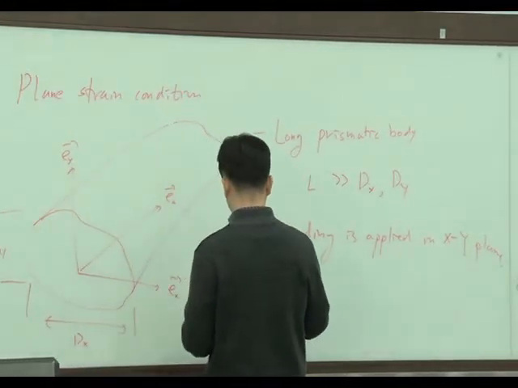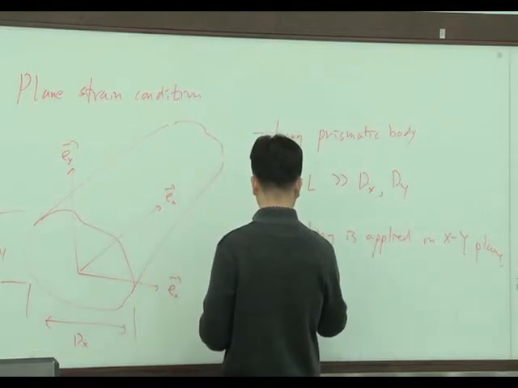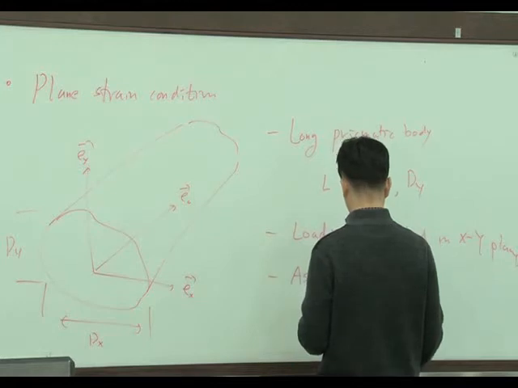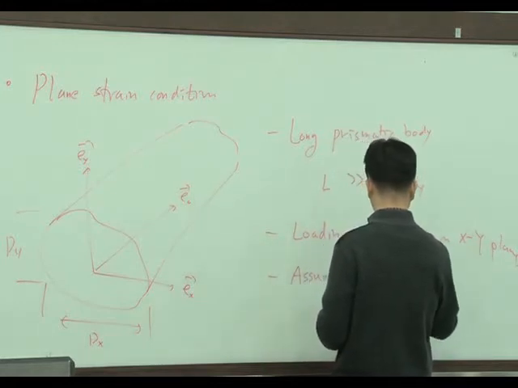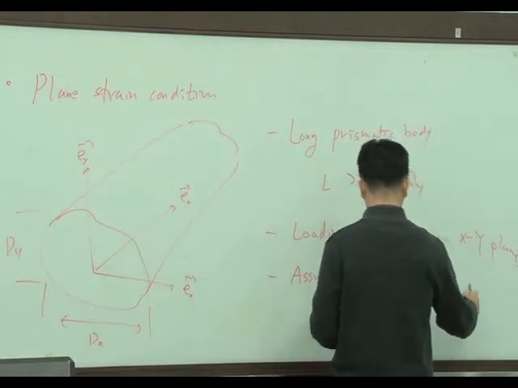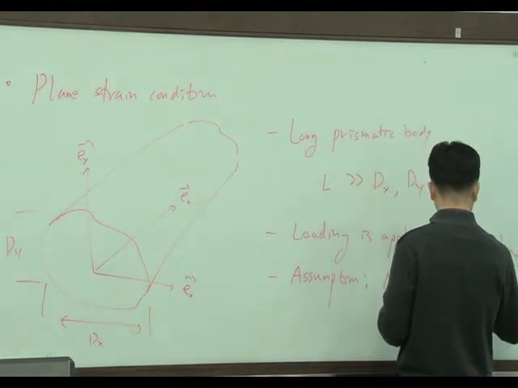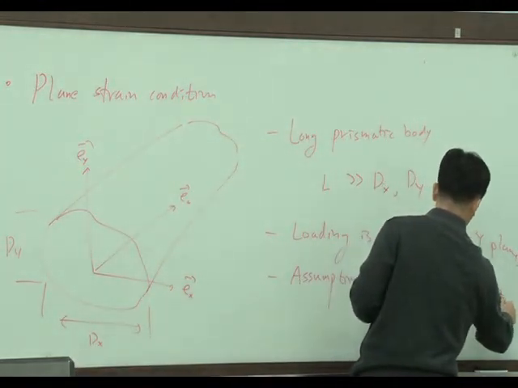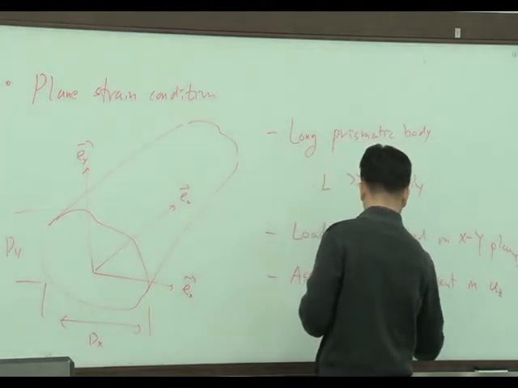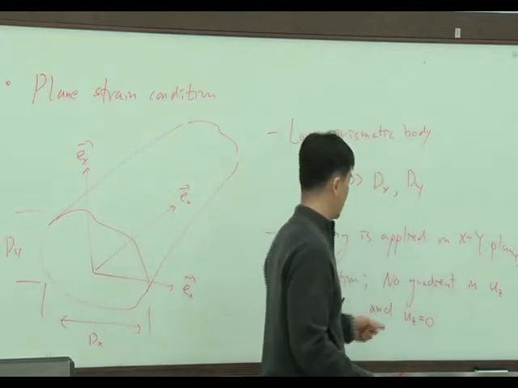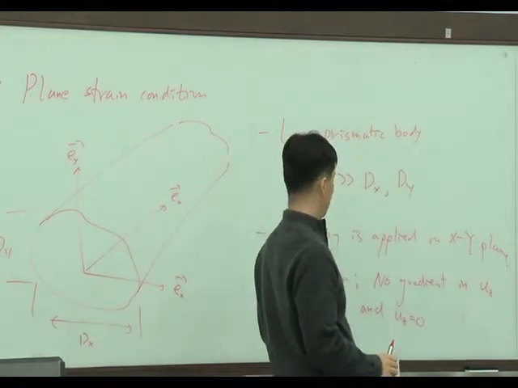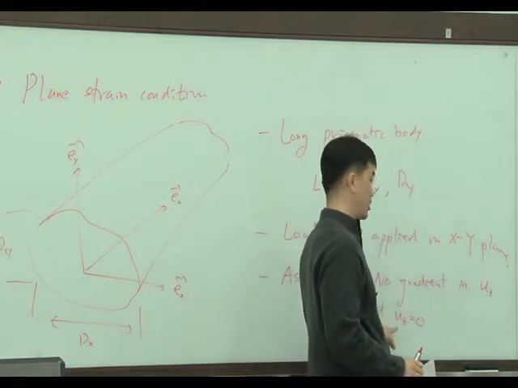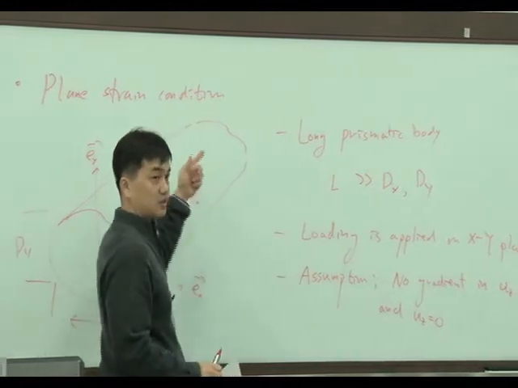In this case, the assumption is that there is no gradient in uz, the displacement in the z direction: the derivative of uz with respect to z equals 0, and displacement in this direction is 0.